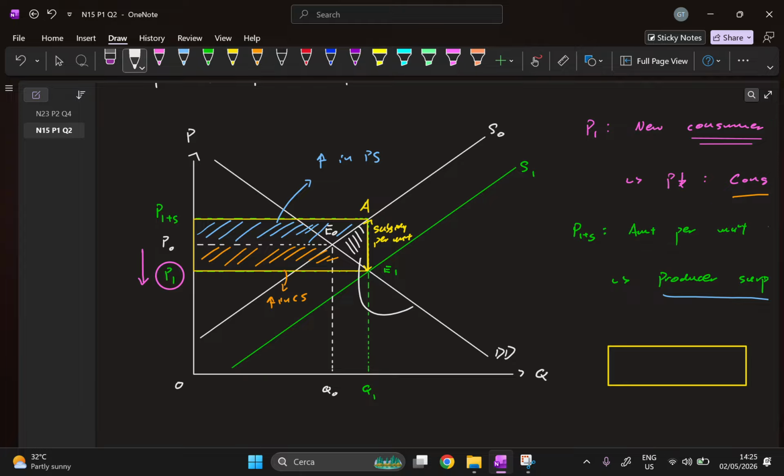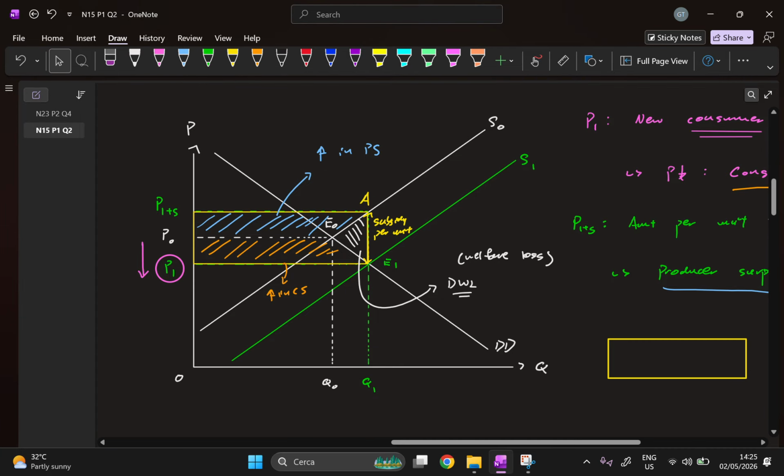So this triangle is simply dead weight loss or welfare loss. So this dead weight loss, if you recall, occurs in your tax diagram as well. But out of my total tax revenue collected, which is also a rectangle, some of it is lost because it's not used to benefit everybody. So this is the net welfare loss, not just to the market for this good, but to society.